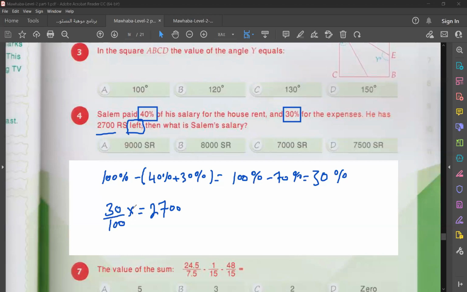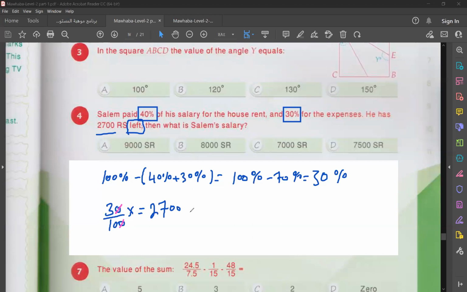Since I know that 40% plus 30% equals 70%, that means 2,700 riyals is 30%. So the 30% for the expenses will be exactly the same.